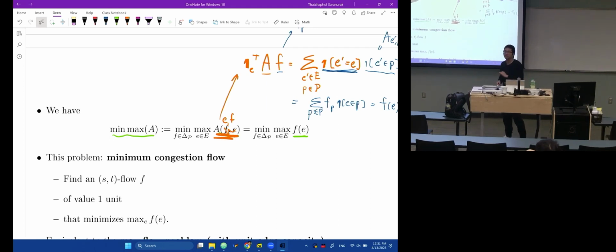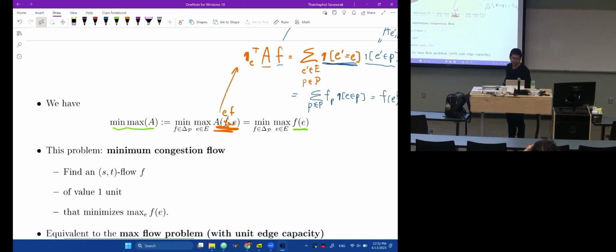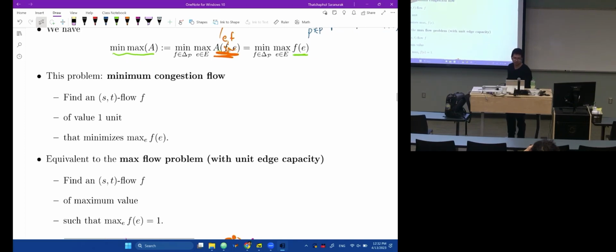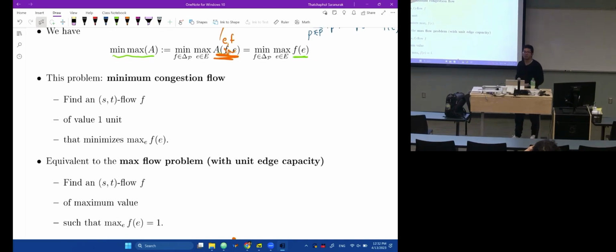But if you think about it, this is actually the same problem as one that we have learned about. This is just the same as the max flow problem. So let me compare it to max flow. What is the max flow problem? Let's say the edges have unit capacity.